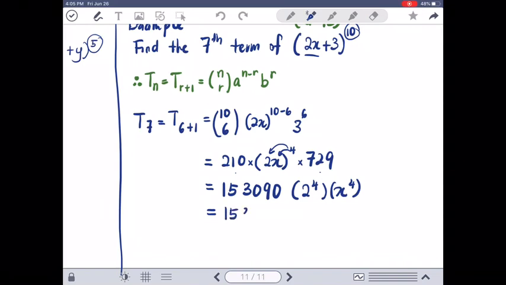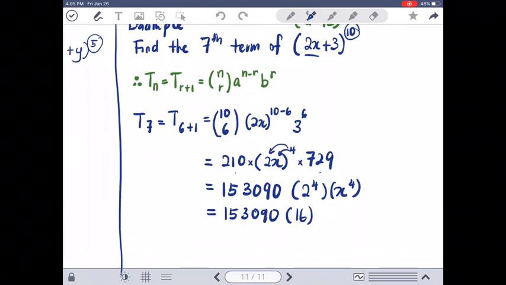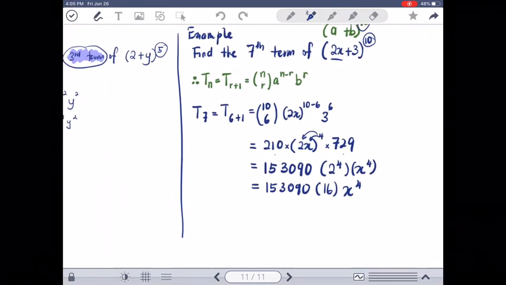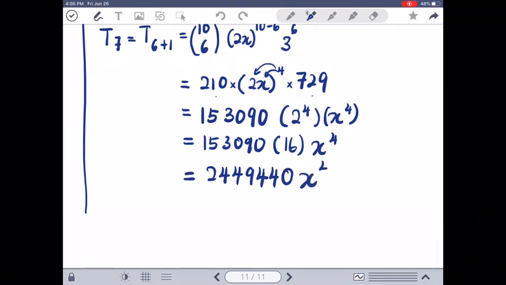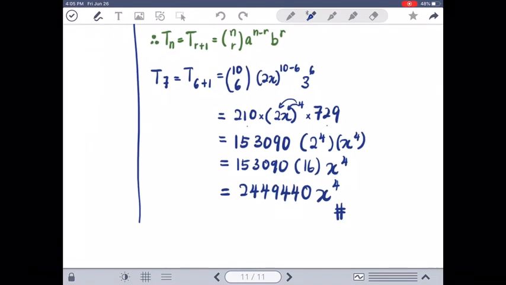So 153090 times 16, and we have x to the power of 4. The final answer should be 2449440 x to the power of 4.